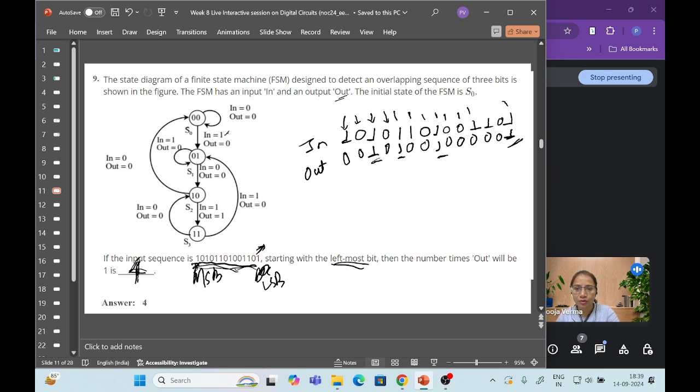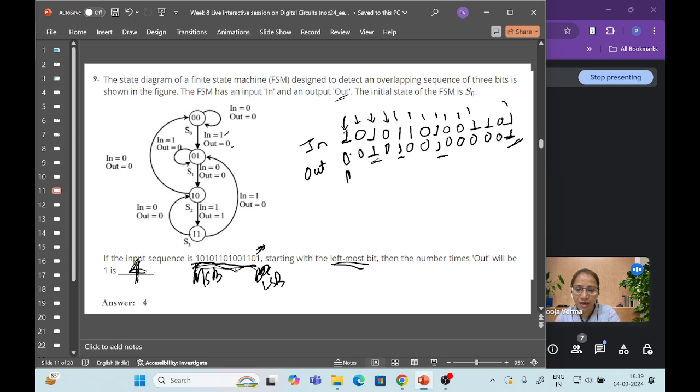Now we are moving from the initial state, that is 00. First we are in 00, but here in the input sequence it is given 1. So we will see, when in is equal to 1, at which state it is moving. It is moving from 00 to 01, but the corresponding out is 0.